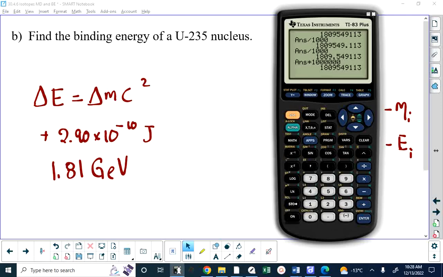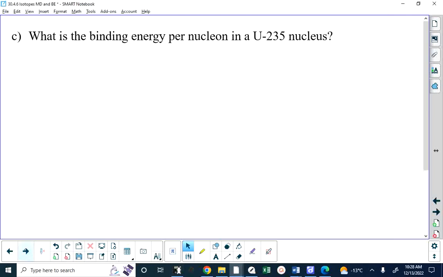What was it, uranium-235? There's 235 nucleons in uranium-235. So we're going to divide by 235. And that's 7.7 million. 7.7 million eV per nucleon.